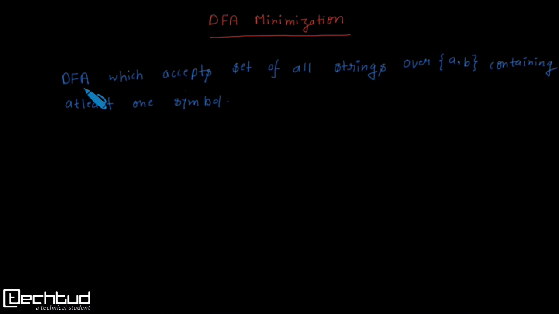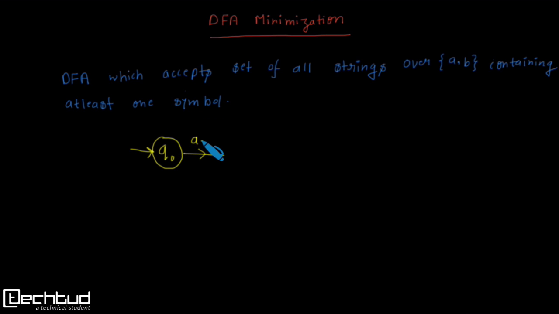Suppose we have to draw a DFA that will accept all the strings over a comma b containing at least one symbol. If we draw the DFA with a simple approach, you may start with a state q0, that will be your start state, and you have to accept at least one symbol.